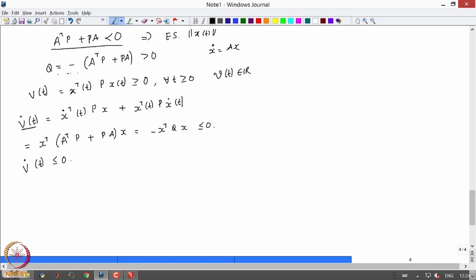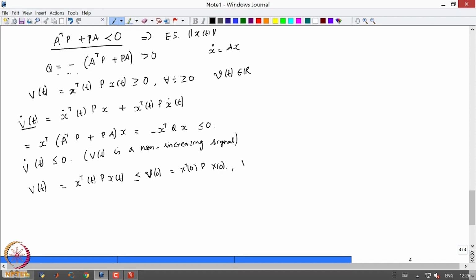This means that v of t is a non-increasing signal, and if v dot is non-increasing, then for any arbitrary time t, x transpose of t P x of t would be less than or equal to the value of the signal v at 0, which is x transpose 0 P x of 0, and this holds for all t greater than or equal to 0.